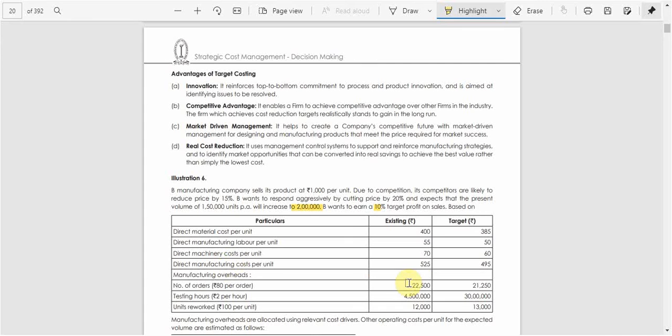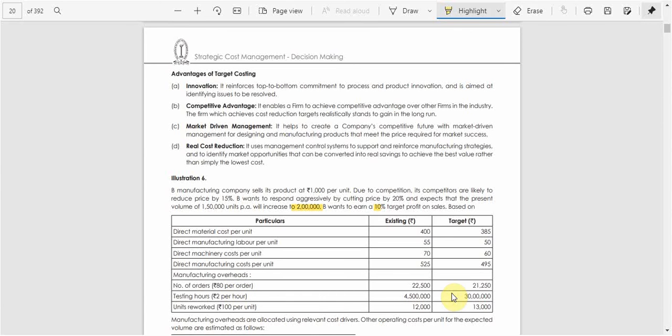Direct machinery cost is existing 70 and the target is 60. Direct manufacturing cost per unit, the target is 495. Also it is given that manufacturing overheads, number of orders is 22,500 and the target is 21,250. So 80 rupees per order is also given.